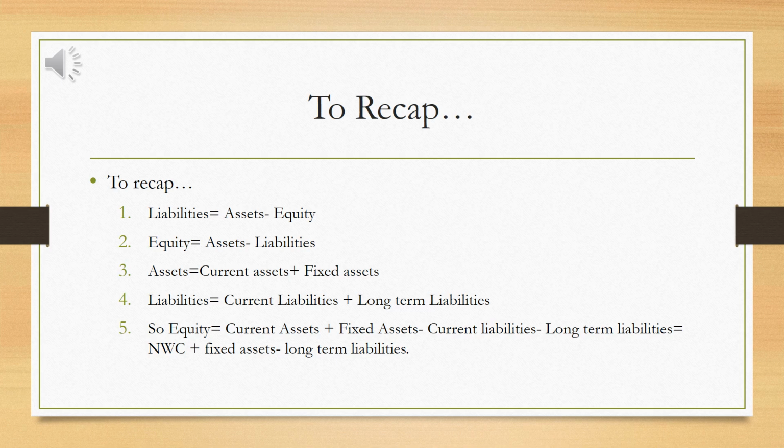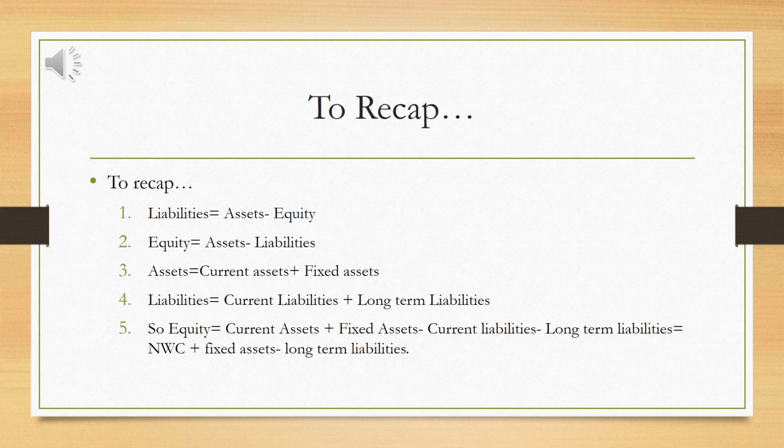Let's recap. We know that assets equal liability plus equity, and liability equals assets minus equity. Equity equals assets minus liability, but assets are current assets plus fixed assets, and liabilities are current liabilities plus long-term liabilities.